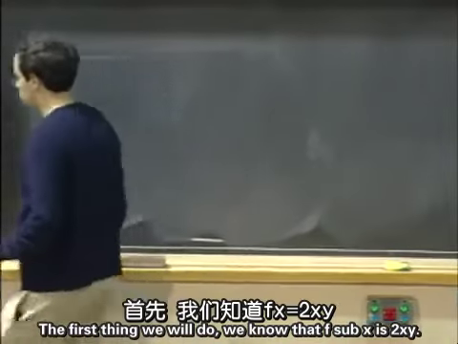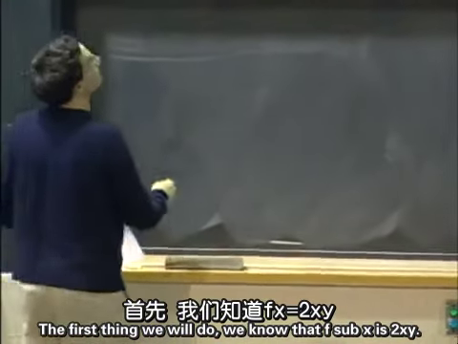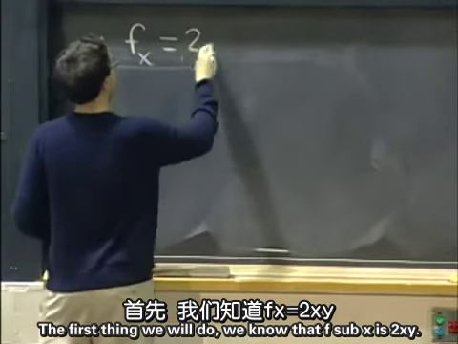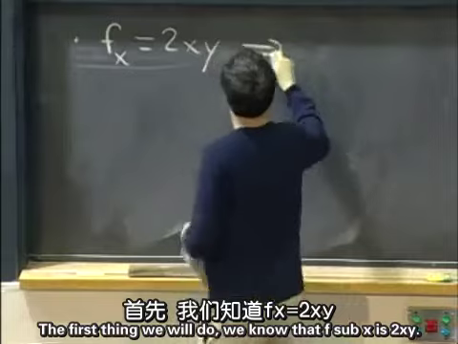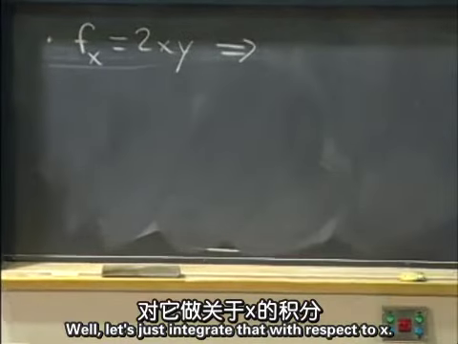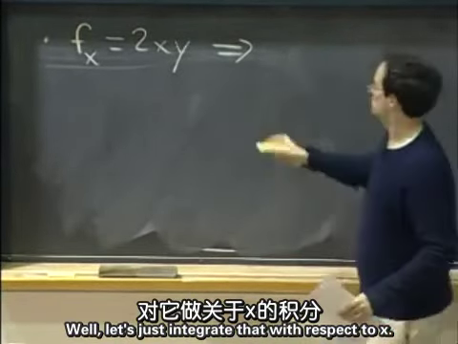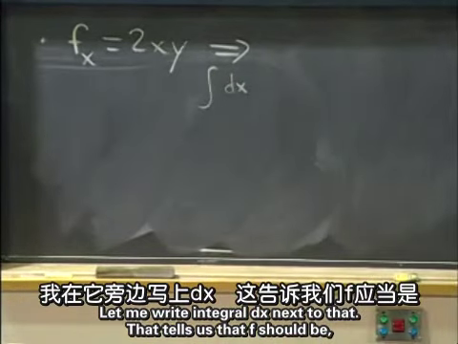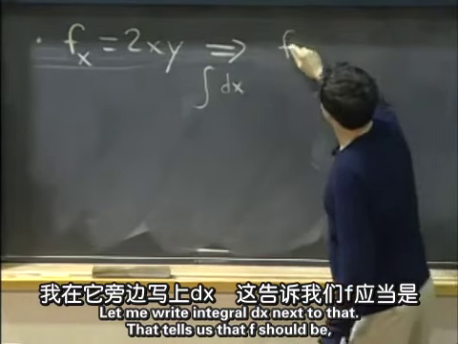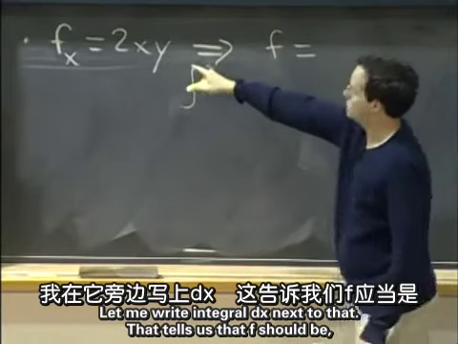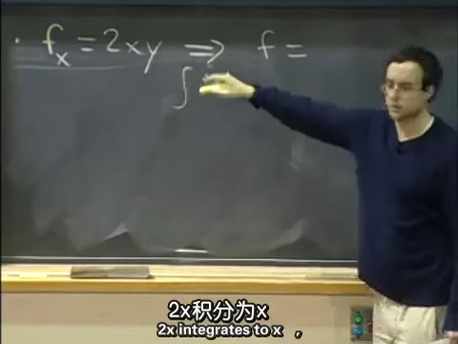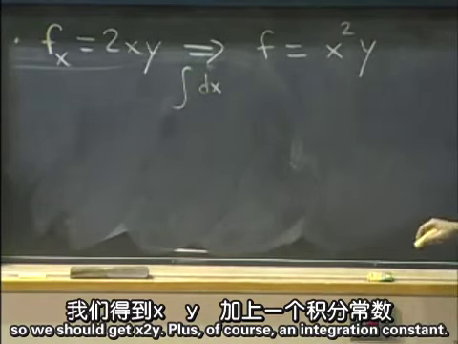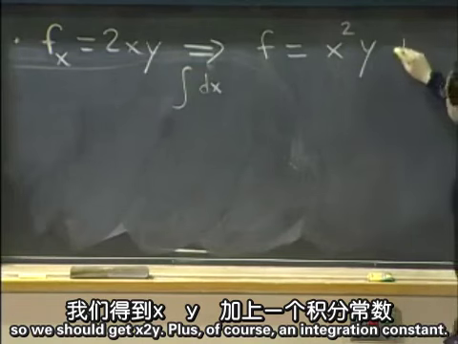Okay, so the first thing that we'll do, we know that f sub x is 2xy. That should tell us something about f. Well, let's just integrate that with respect to x. So let me write integral dx next to that. So that tells us that f should be, well, if we integrate that with respect to x, 2x integrates to x squared. So we should get x squared y, plus, of course, an integration constant.